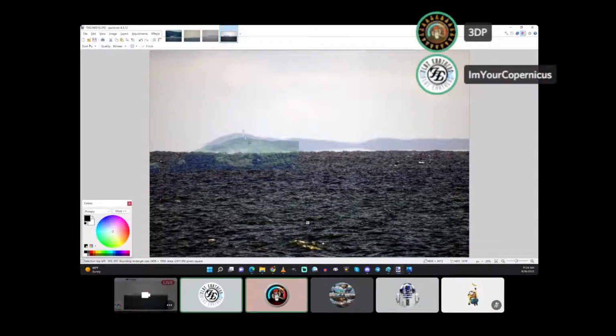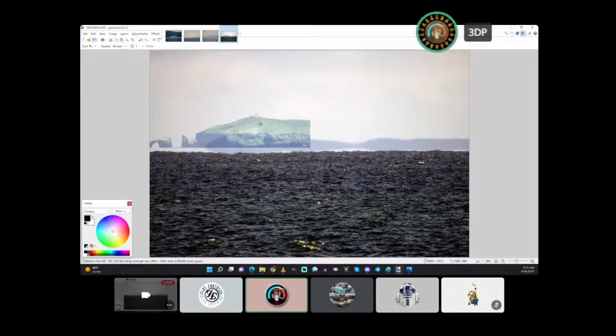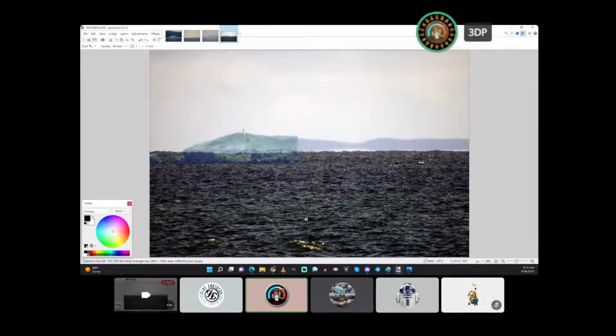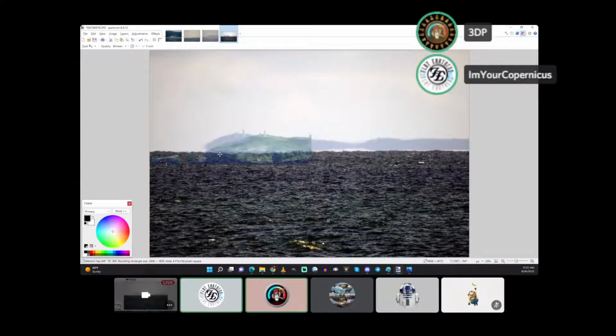So this is where I would put the island, where it's at, because it's directly in front of me. Now, if I'm going to match up the lighthouse, there's the lighthouse, and then I'm going to slide this over. Then the arch here would be underwater.